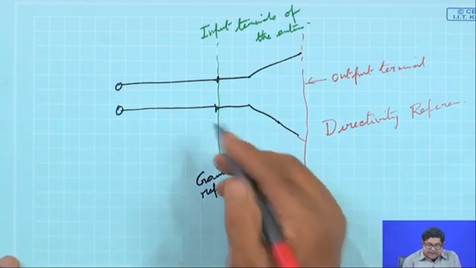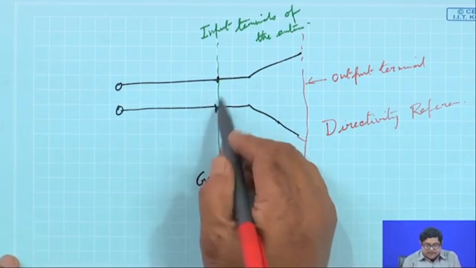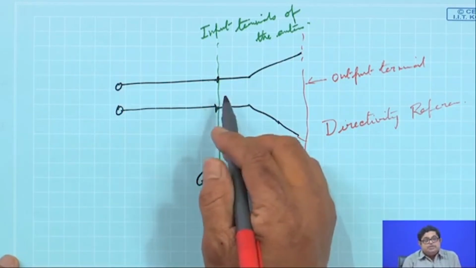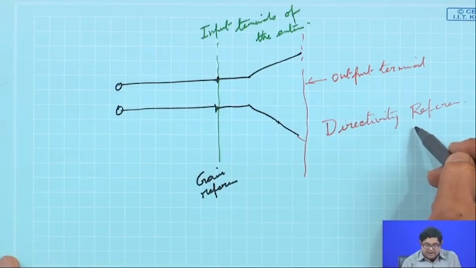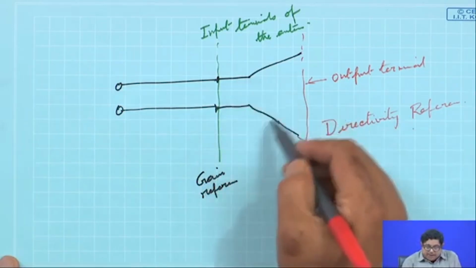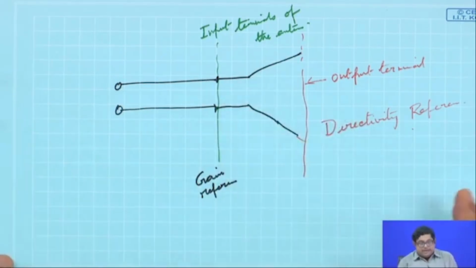One thing you see is that while giving this power, some power may get reflected. That is a mismatch, which is not present in the directivity. Similarly, some power may be lost here, which is also not present in the directivity.